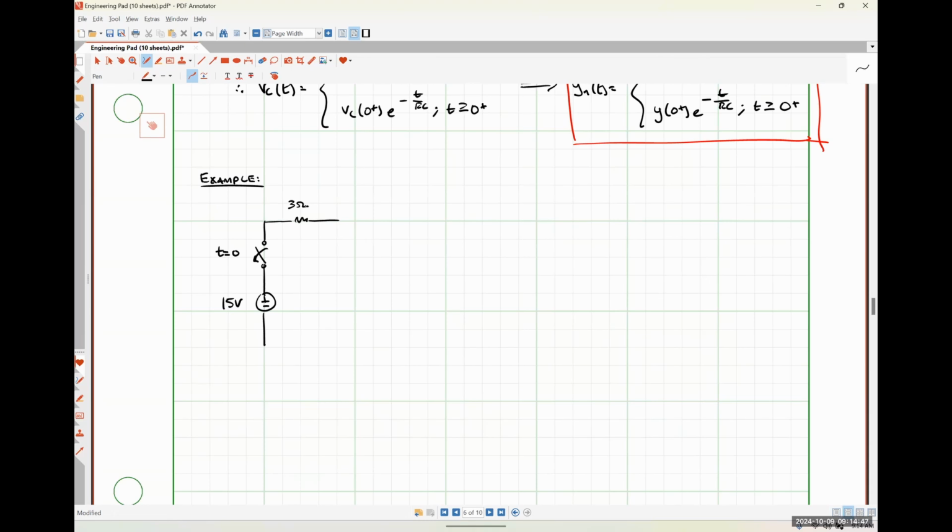Here's a 3 ohm resistor. Here is a 50 millifarad capacitor.